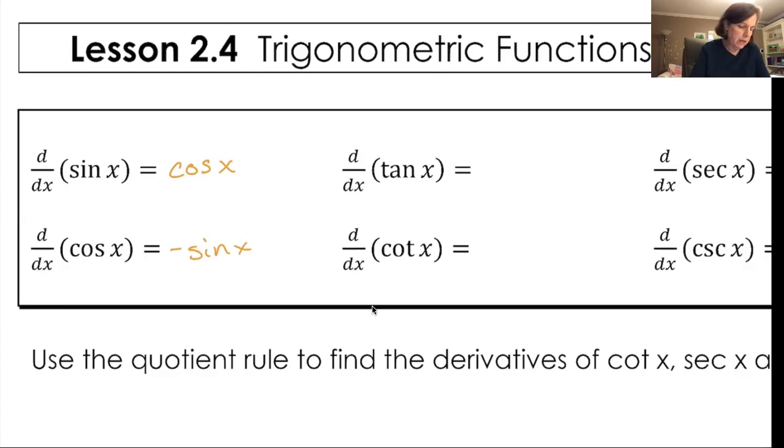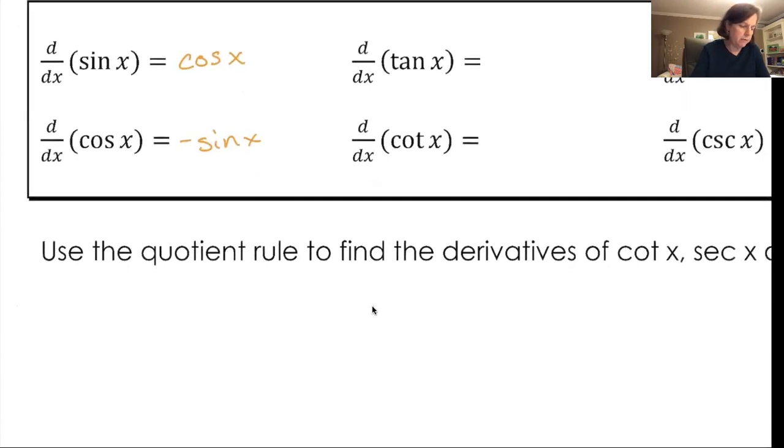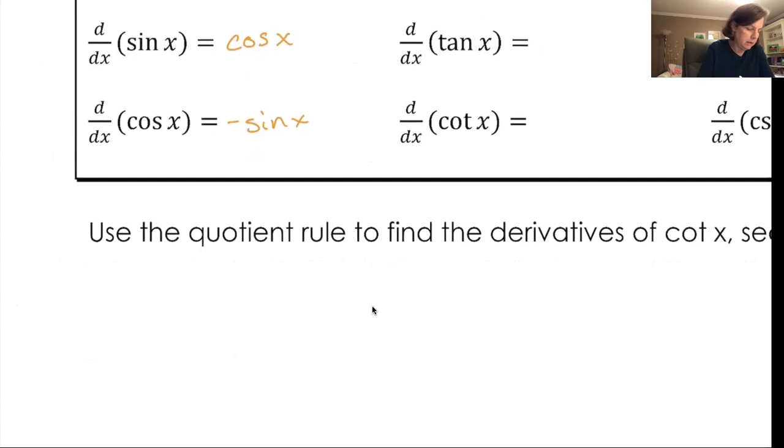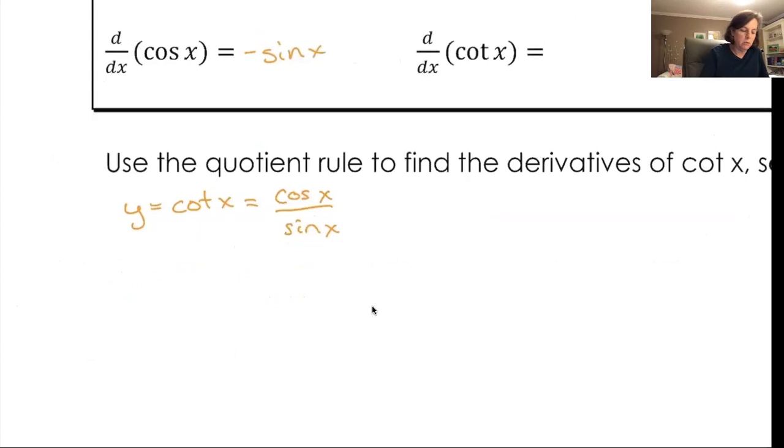Let's go ahead and find the derivative of cotangent of x using that cotangent is equal to cosine of x over sine of x. So that's the quotient of 2 functions that we know the derivative of. So quotient rule. Low d high minus high d low all over the square of what's below.